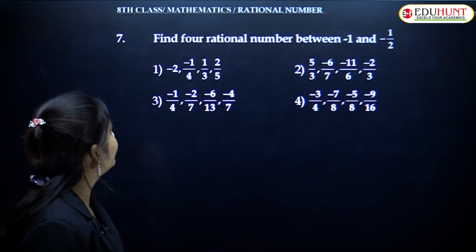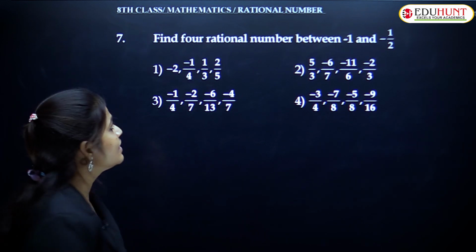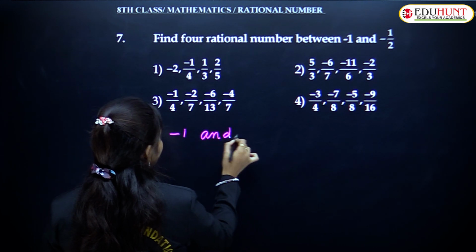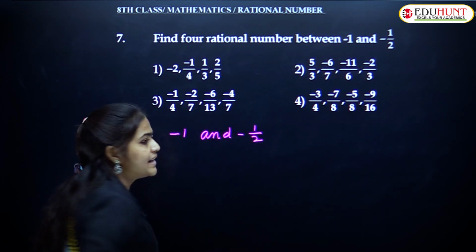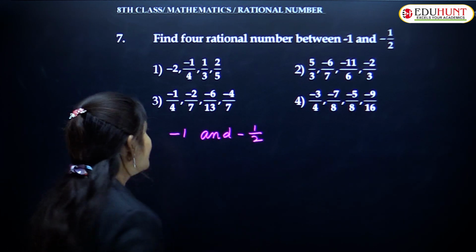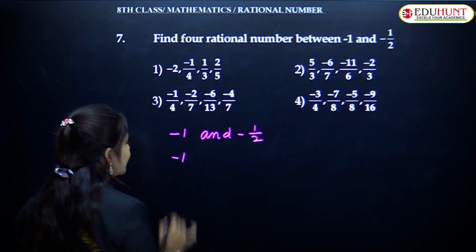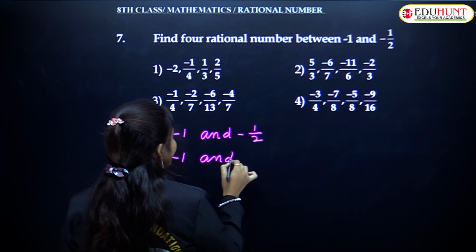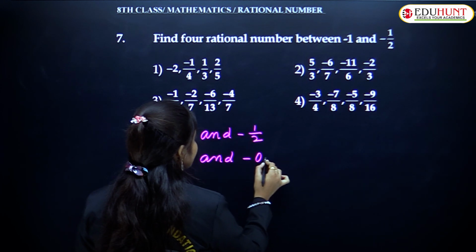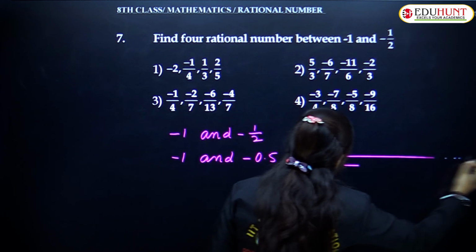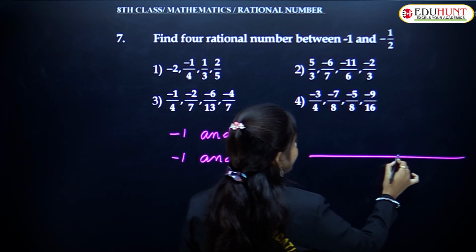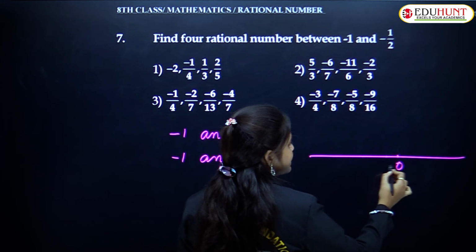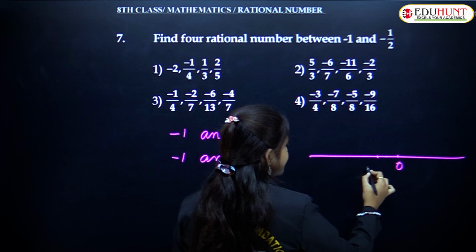So let us see the next question, number 7. So again here, find 4 rational numbers between minus 1 and minus 1 by 2. So here minus 1 is directly an integer. Okay, so minus 1 and minus 1 by 2 means minus 0.5. So children, when you observe the number line, here 0 is there, after 0 the negative numbers will come, no. So minus 0.1, 0.2, 0.3 and so on like that.